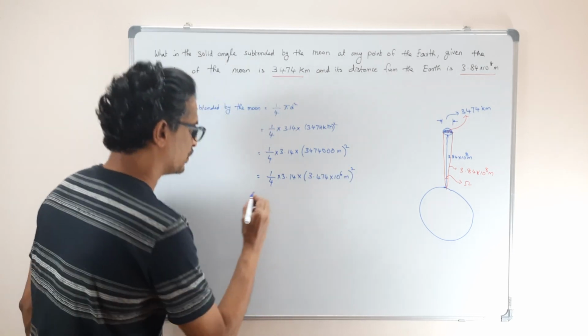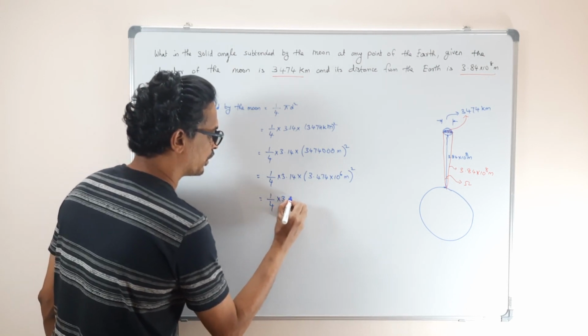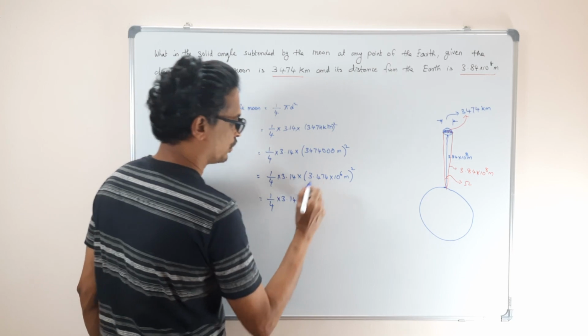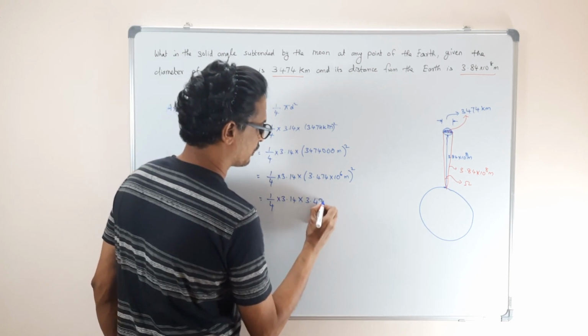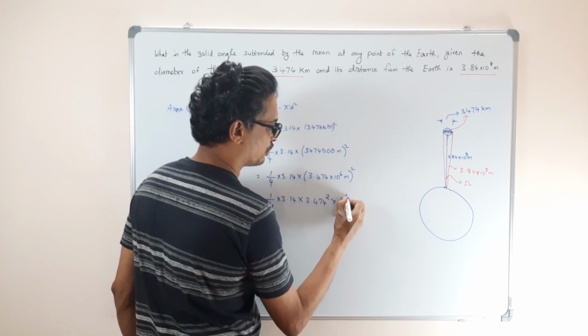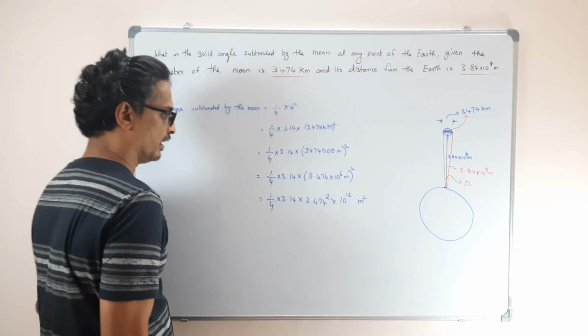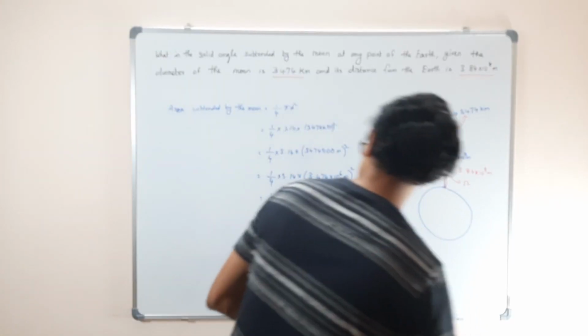So this will be 1 by 4 into 3.14 into 3.474 whole square into 10 to the power of 6 whole square, which is 12. This will be the area in meter square. So how much is this?